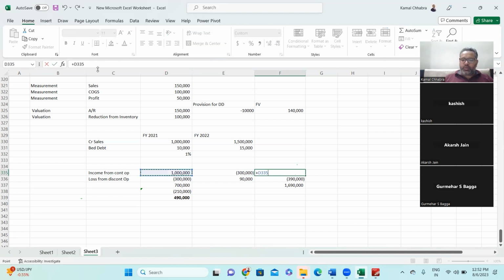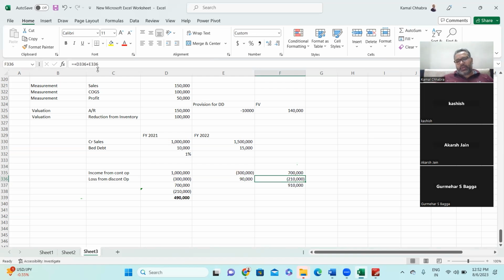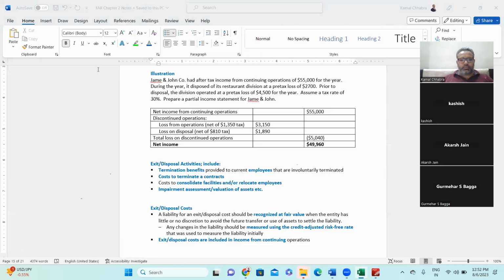And then disclose this income minus taxes separately and this loss plus taxes separately, and this will be your net income. So the disclosure is different, but the end result is the same. Got it, right? Yes sir.